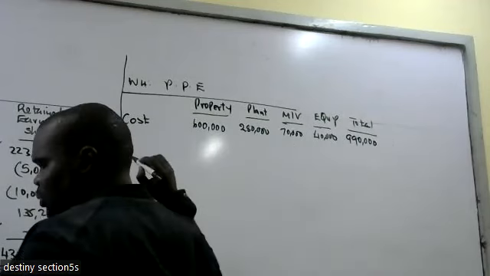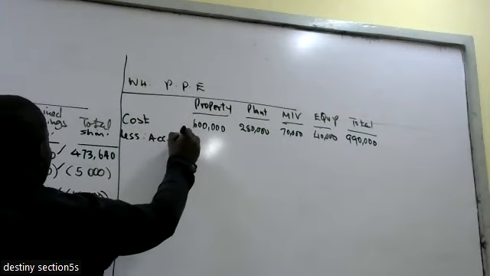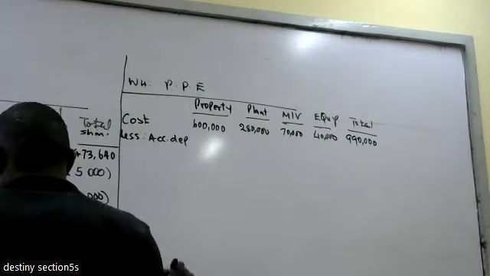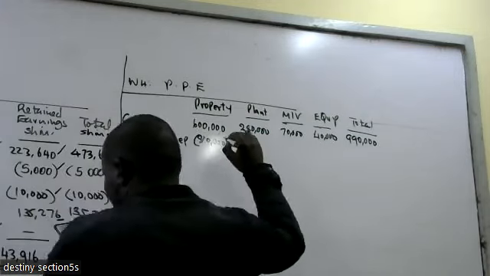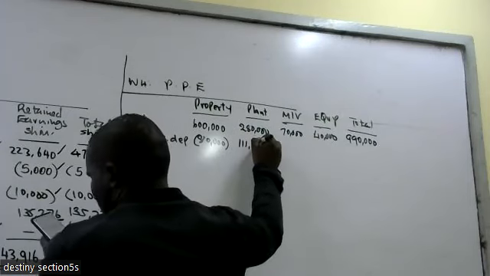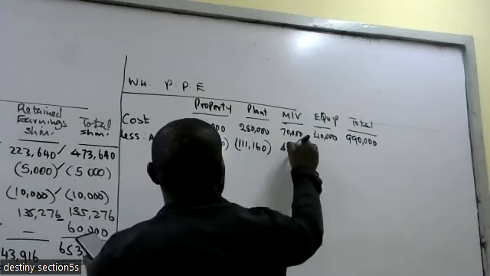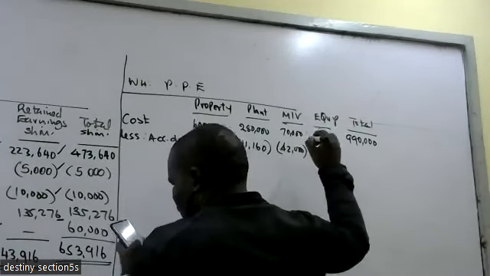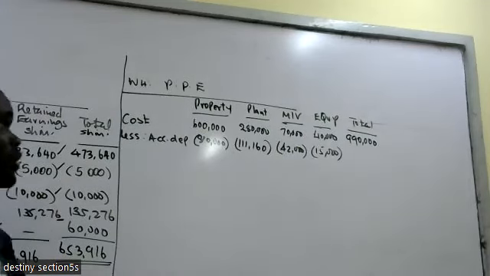Then less accumulated depreciation. 80. 341. 160. 42. 15. When you add the total, 80 plus that, plus that, plus that, the total will be how much?